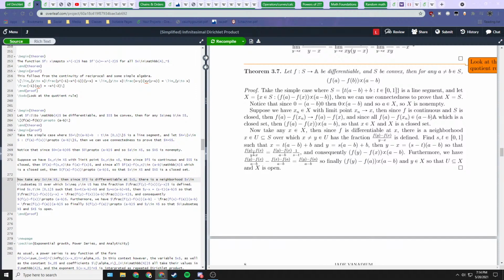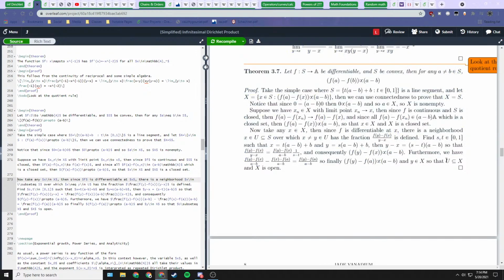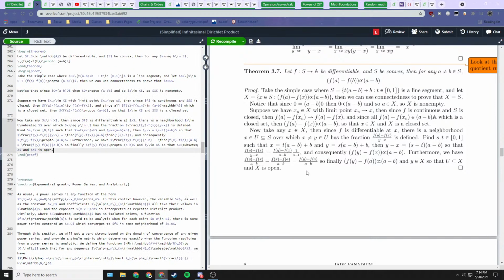So this fraction is equal to that, and we just pull out this factor of S minus T, so f of y minus f of x is proportional to that. Furthermore, if we subtract this other fraction, this will become this. So this is proportional to a minus b, y is in X, so U is a subset of X, and X is open.